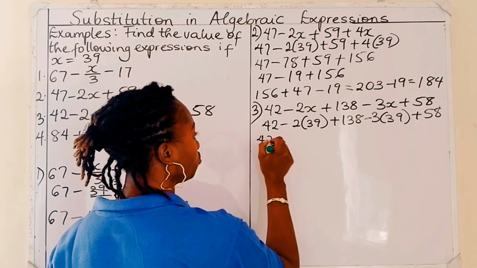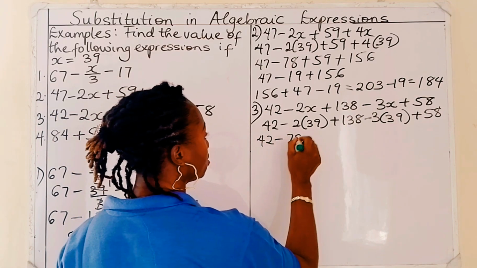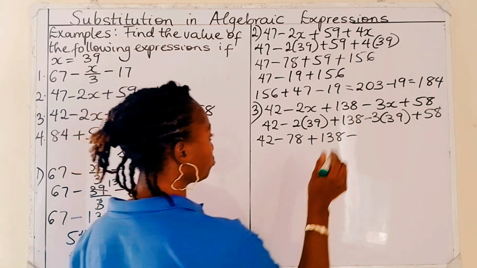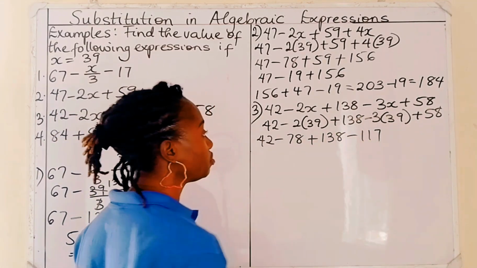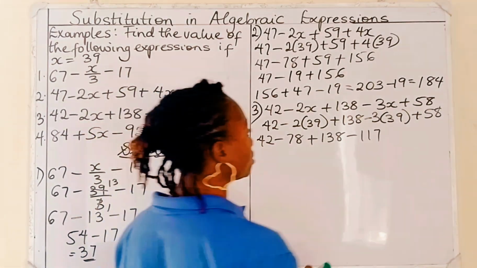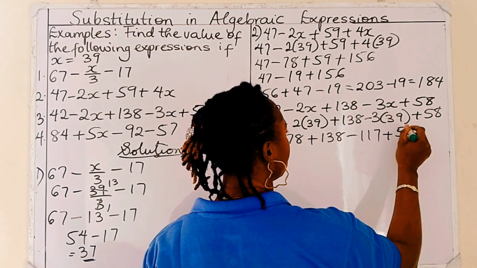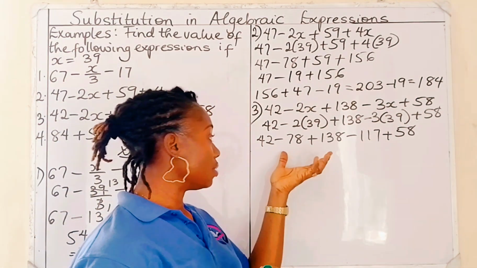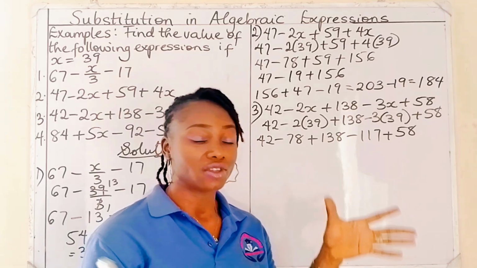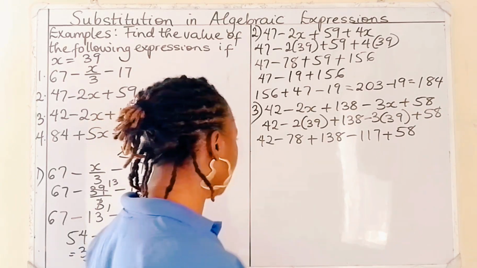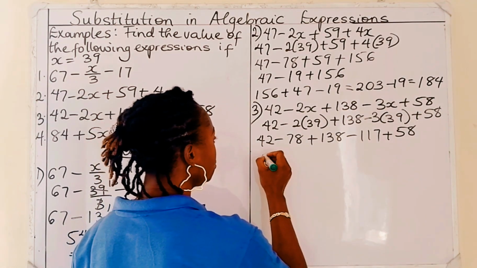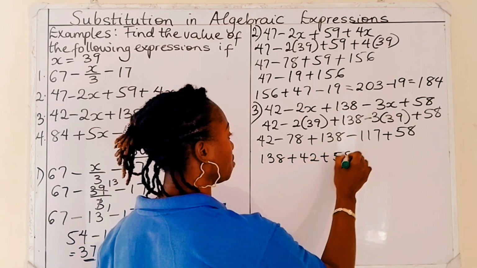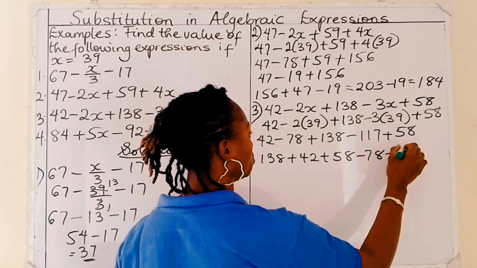So this is 42 minus 78 plus 138 minus 117 plus 58. We're going to bring the positive numbers together and negative numbers together. So we have 138 plus 42 plus 58 minus 78 minus 117.